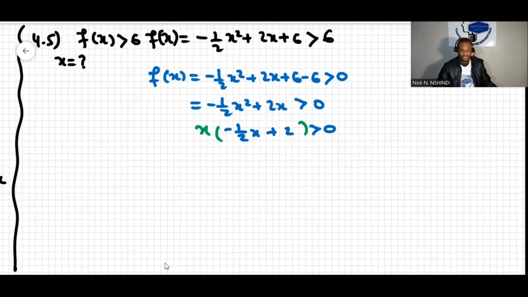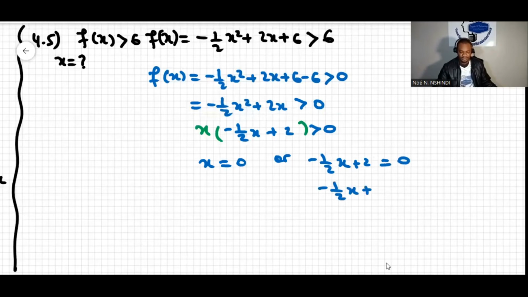Now, this means that either x is equal to 0, the critical value, or negative a half x plus 2 equals 0. I'm talking about the critical values, so I'm going to set the inequality equal to 0. If I move the 2 over, we have negative a half x equal to negative 2.